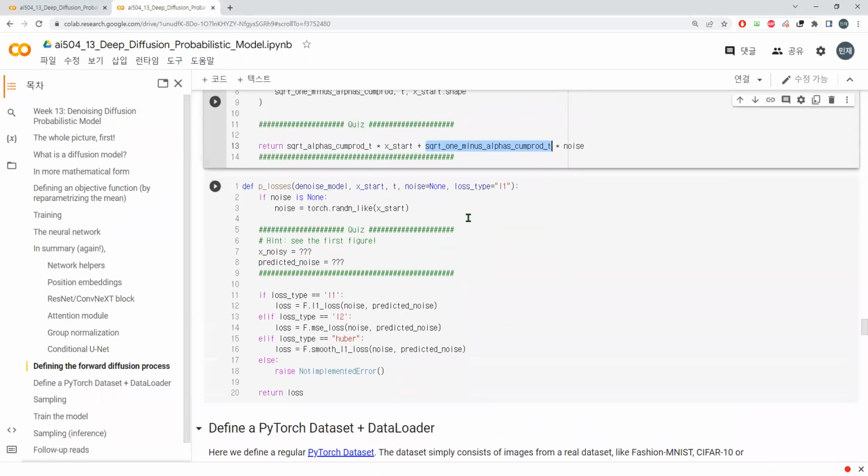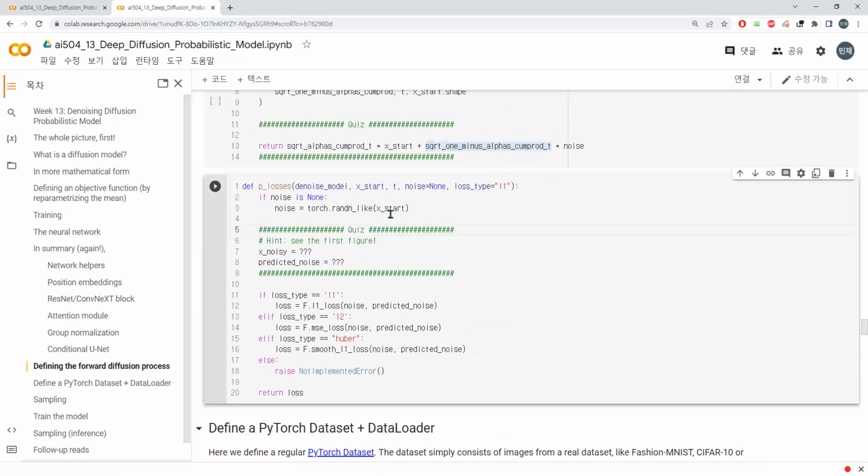Next step. You have to fill this blank in the p_losses function.